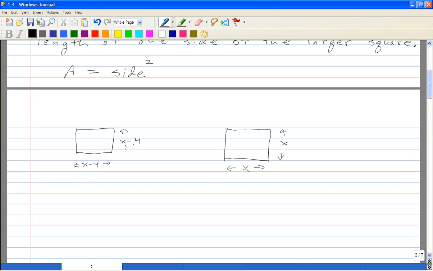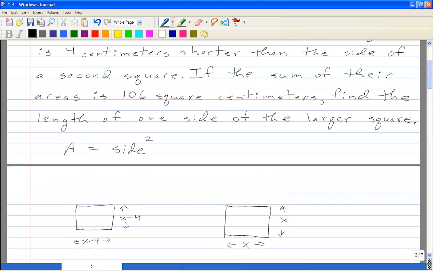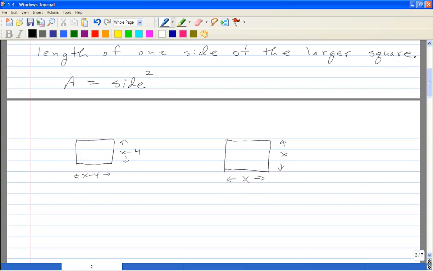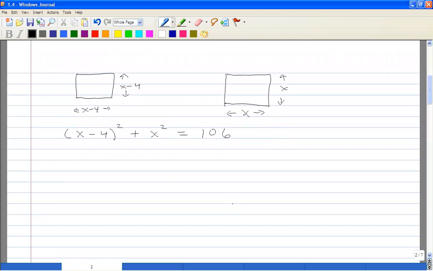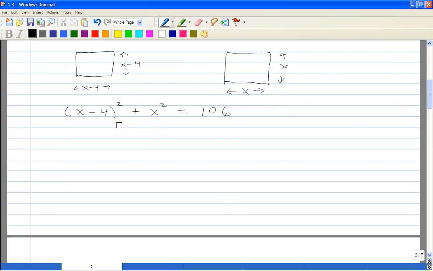Okay. So each of these will be in centimeters. And so the total area, well, the area of the smaller square plus the area of the larger square should equal a total of 106.